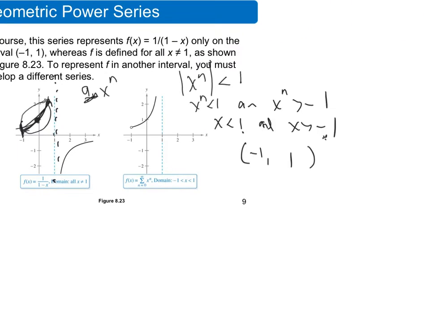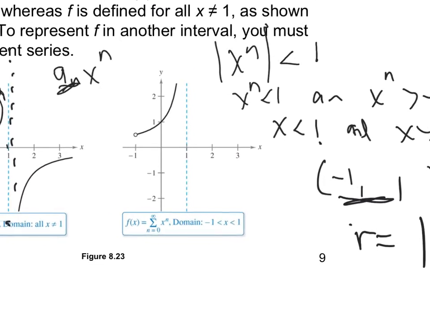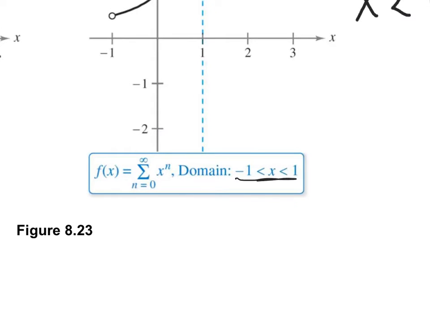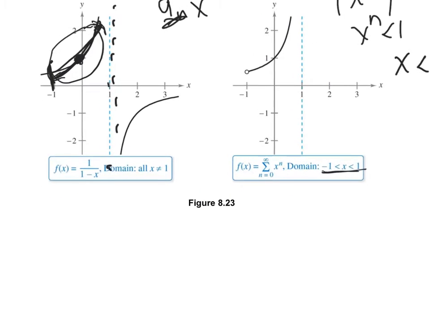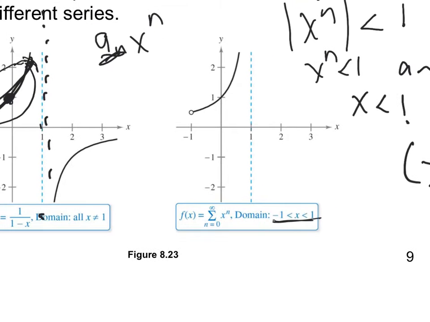And the radius, since that distance is 2, radius of convergence is 1. And there's what he showed you as a domain. I didn't check the endpoints.